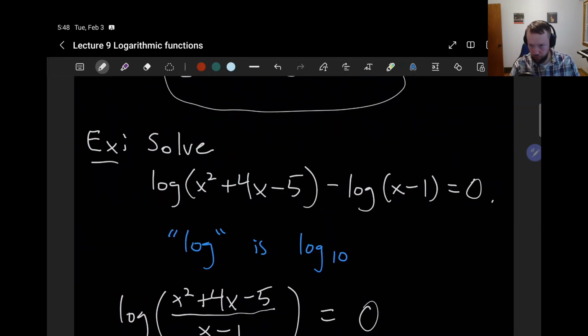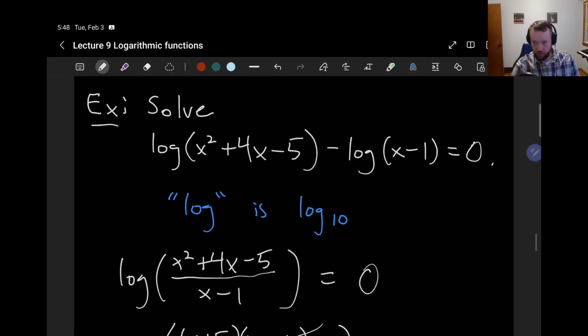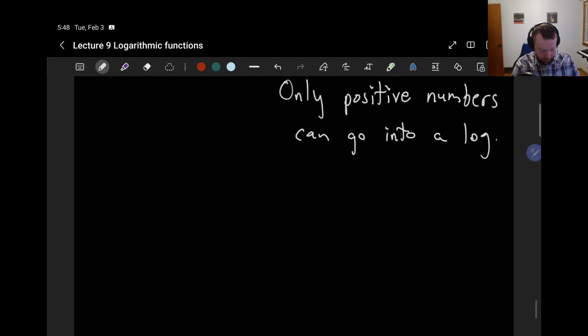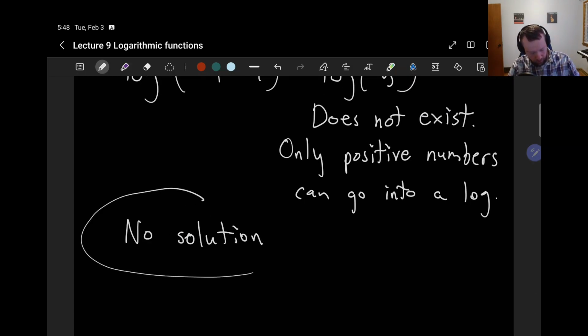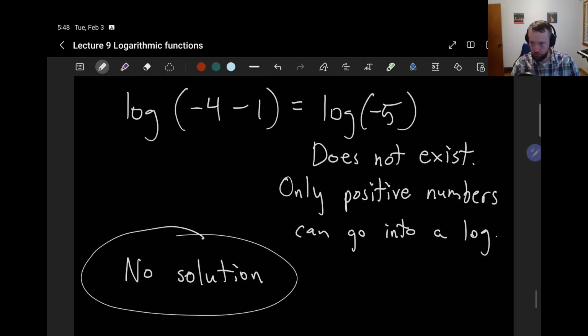Turns out these actually both fail. For this reason, there is no solution because the only thing that could have worked doesn't. So this is the real answer to the problem. We had to throw out our solution of -4 because it's incompatible with the logarithms that we see.